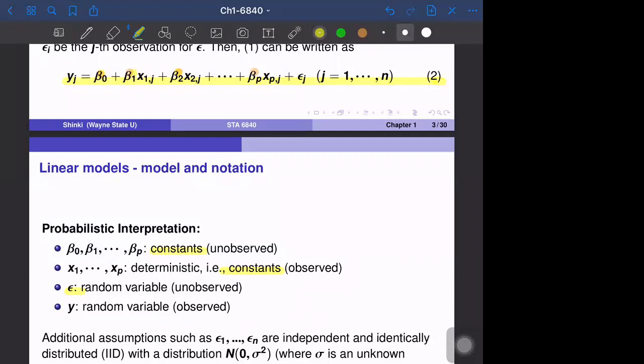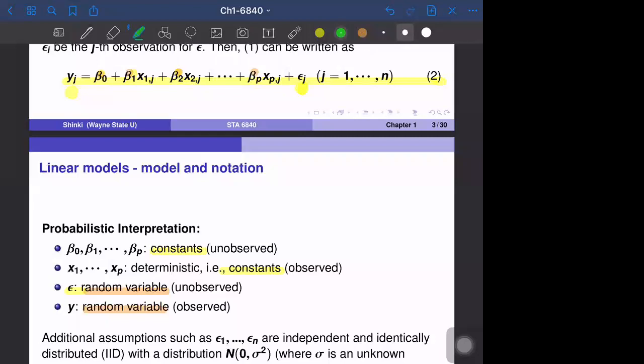If epsilon is random, then on the right-hand side, the first p plus 1 terms are constant, but the last term is a random variable. So the left-hand side is also random. So epsilon and y are random variables. So these are probabilistic structure. In terms of data, x and y are observed because these are variables. And beta naught to beta p are unknown truths. And epsilon j cannot be known unless beta naught to beta p are known.